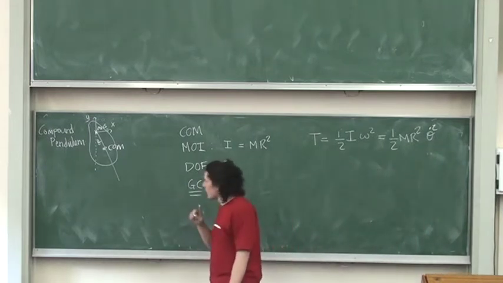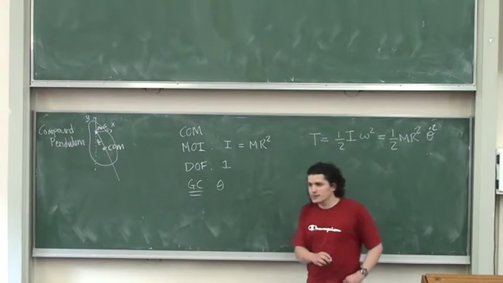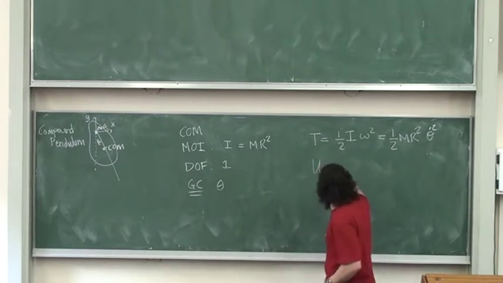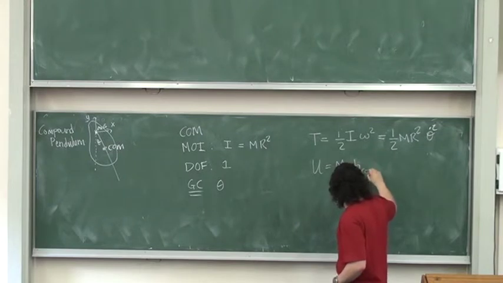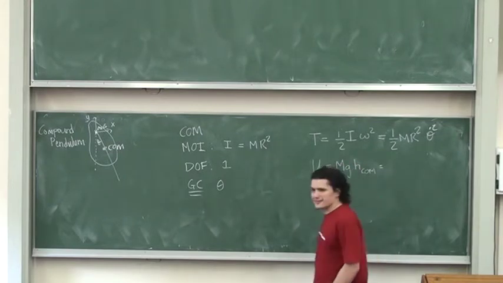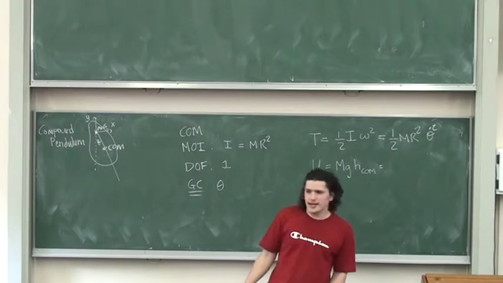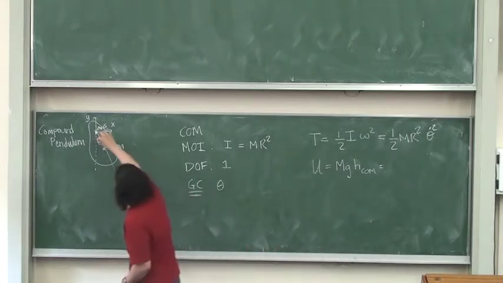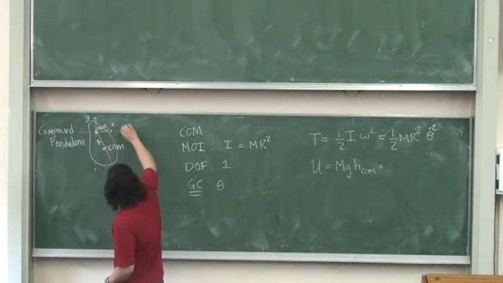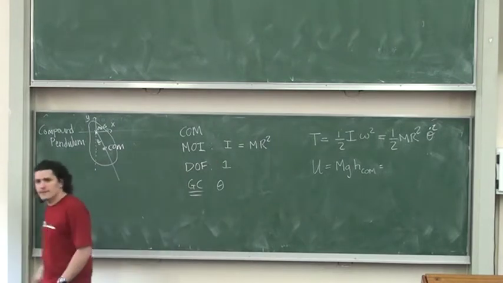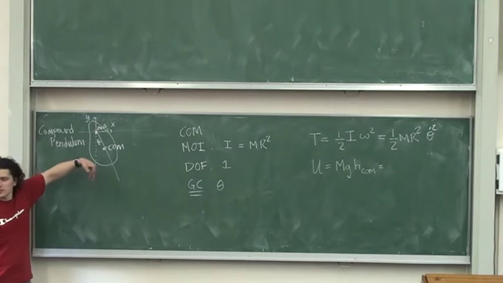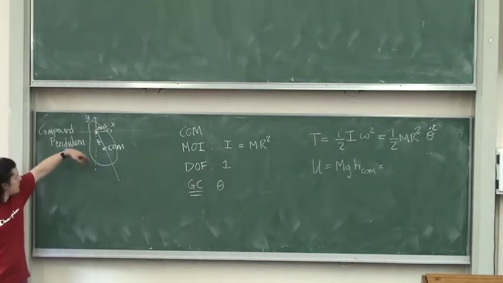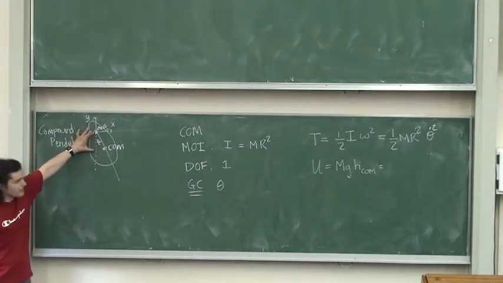Now we can write the potential energy down. The potential energy is mg times the height of the center of mass. What is that? The height of the center of mass from my reference point goes downwards, so it will be negative, and it's this distance here, which is what?